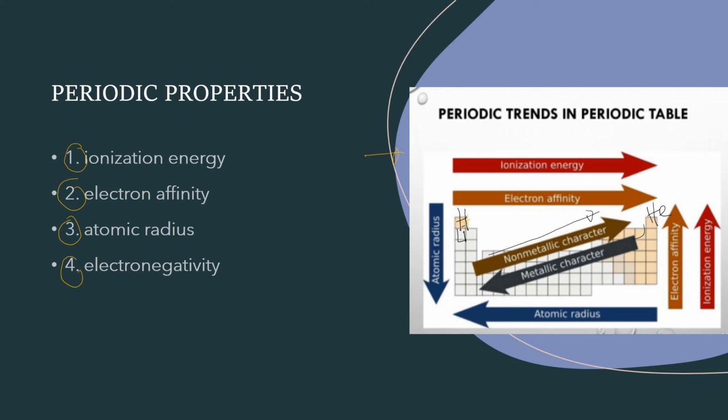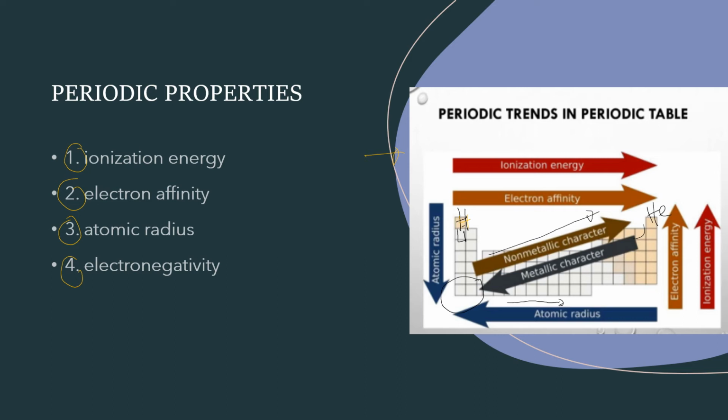For the metallic character, the very reactive metal is in this left bottom. For the atomic radius, the biggest shell number, so the biggest period, and then on the left hand side, because going across a period, the number of proton and electron is increasing.